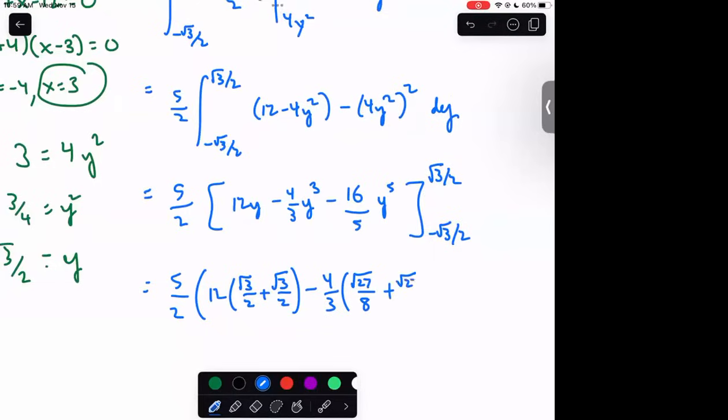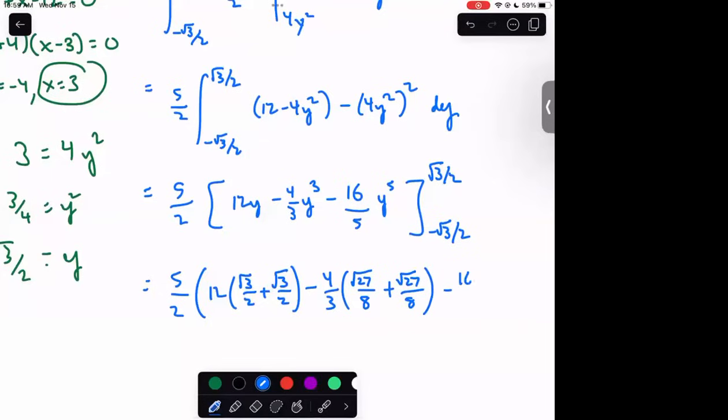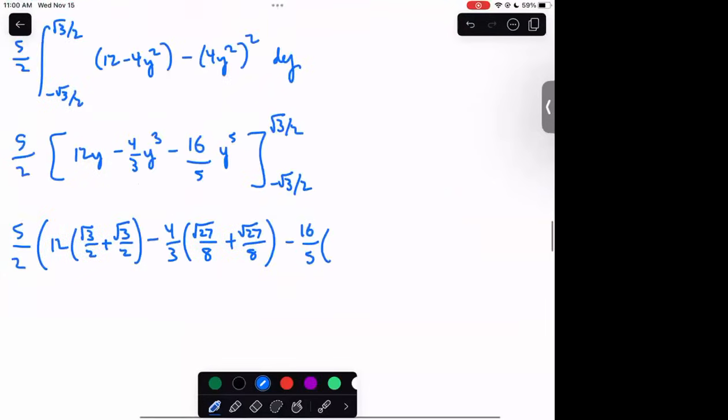And root 27 divided by 8. So if you think that's simpler, you can do it. Or you could just leave that as literally root 3 over 2 and cube that. And then finally, negative 16/5. And now it's getting fun with things raised to the fifth power. Correct me if I'm wrong, but I believe 3 raised to the fifth power is 243. And I believe 2 to the fifth power is 32.